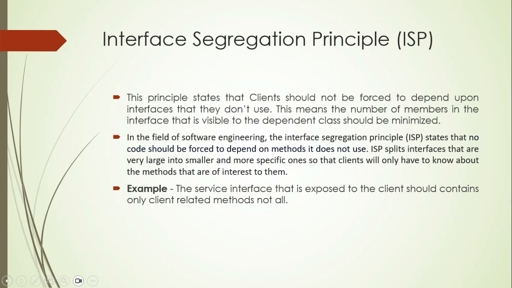According to this principle, we must decompose that larger interface or abstract class into a number of smaller abstract classes. For example, the service interface that is exposed to the client should contain only client-related methods, not all.